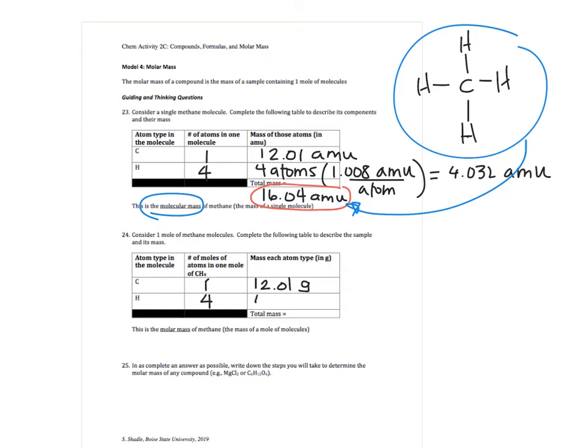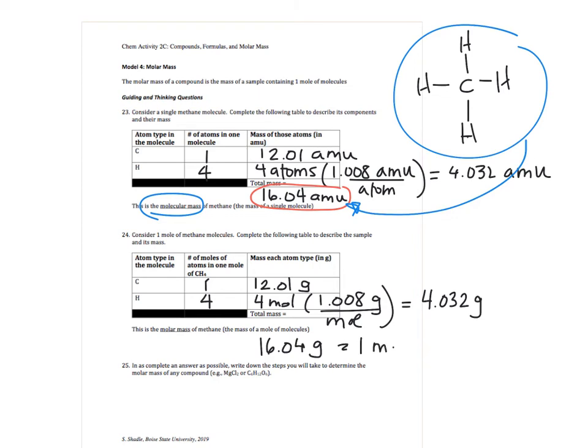For the hydrogens, we have 4 moles, and we have 1.008 grams per mole. So we have 4.032 grams. And if we add that up, we get 16.04 grams. This is equal to 1 mole of CH4.